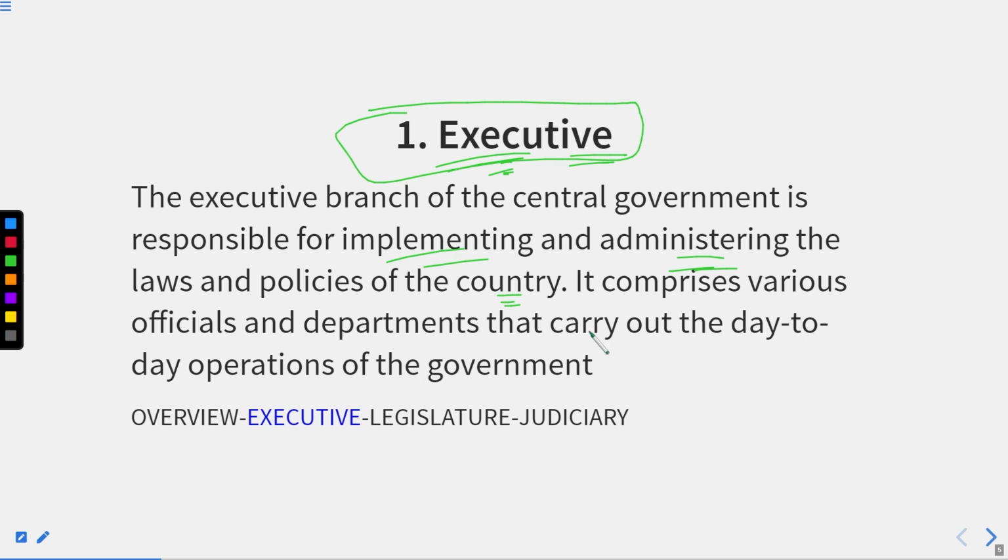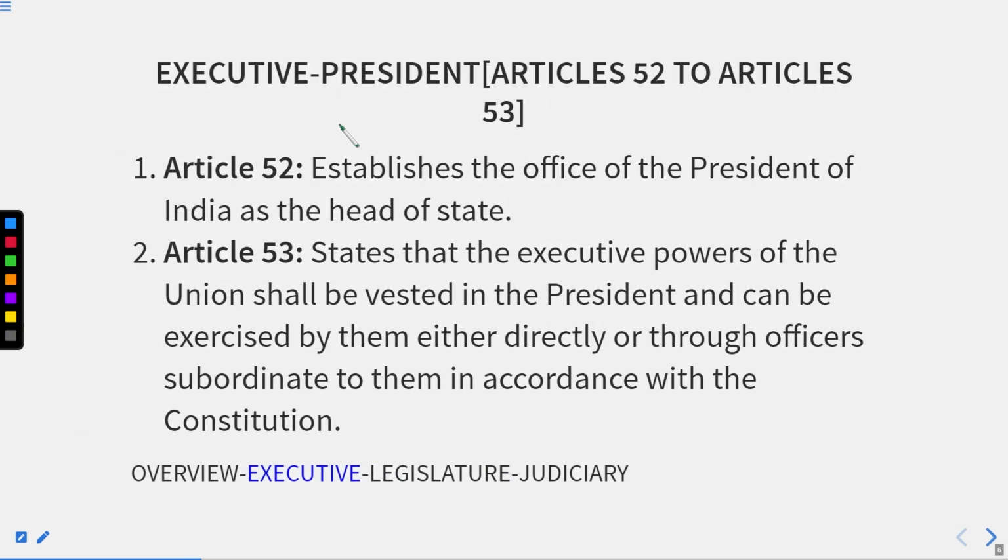It comprises various officials and departments that carry out the day-to-day operations of the government. So this is a general overview of the executive. Now let's start. The first one is the president, Article 52 to Article 53.